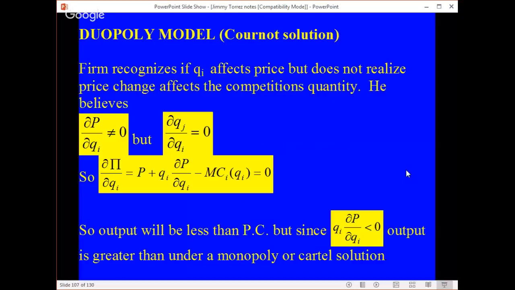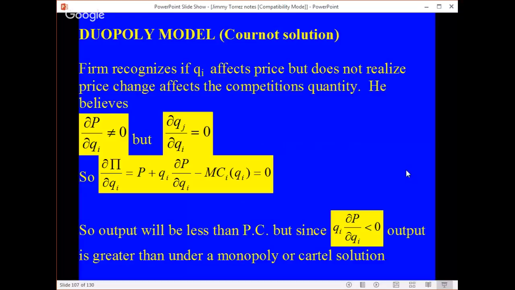I can't remember now, but basically an old French economist that came up with the model. Right? In this case, the firm recognizes that changes in their own quantity affect price, but doesn't realize that when he changes quantity, it not only affects price, but it affects the behavior of the other firm in the market. Right?